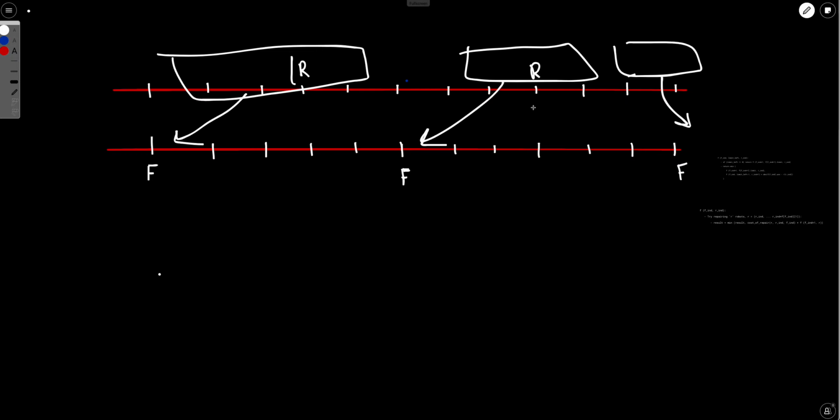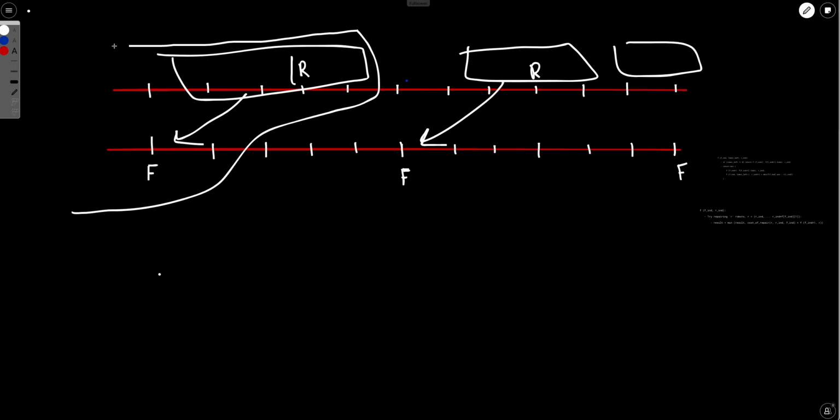Now, if you are doing this, what exactly can your DP state be? Basically, you are solving the same problem. Let's say you assigned some robots to this factory. In a way, my problem is now reduced. I can assume that all this doesn't exist at all, and this is the first robot, and this is the first factory.